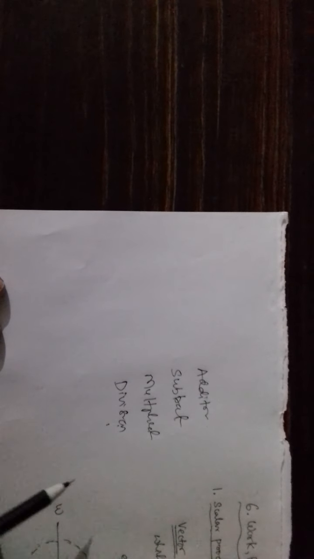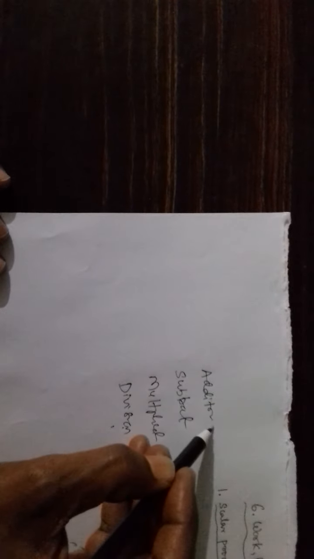These are the 4 mathematical operations. Now we perform these operations on vectors also. For example, let us consider addition. Addition of 2 vectors.